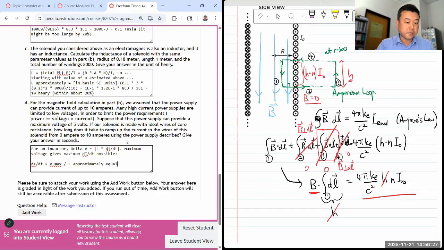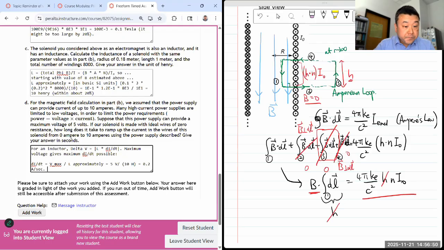approximately equal to 5 volts divided by what I calculated above, 10 Henry. When the units all work out, it should give me amperes per second. So I'm just going to trust the SI unit system and say it's 0.2 amperes per second.